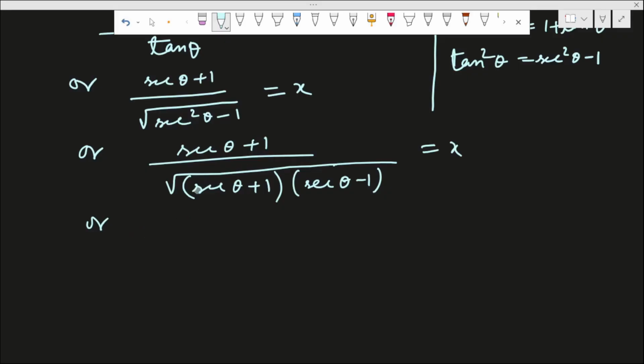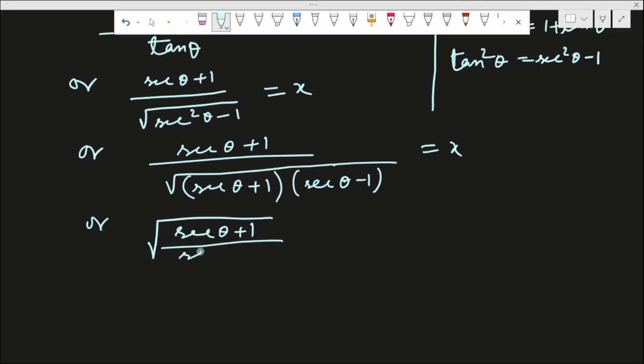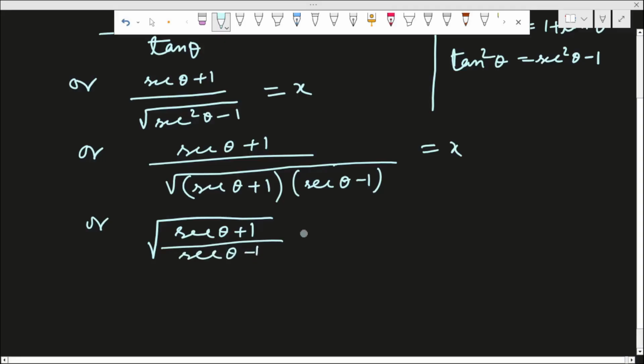Sec theta plus 1 over sec theta plus 1 will be cancelled out, and the remaining is sec theta plus 1 under root. So, we may write it this way, that is equal to x.